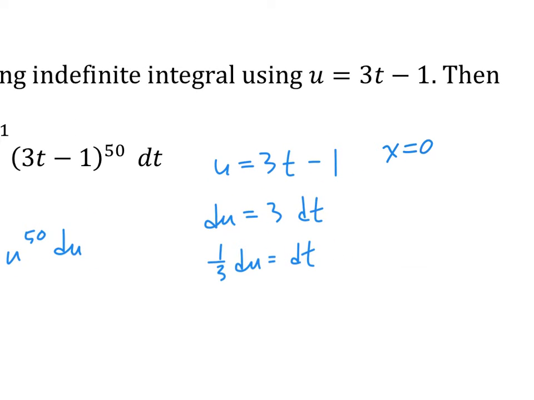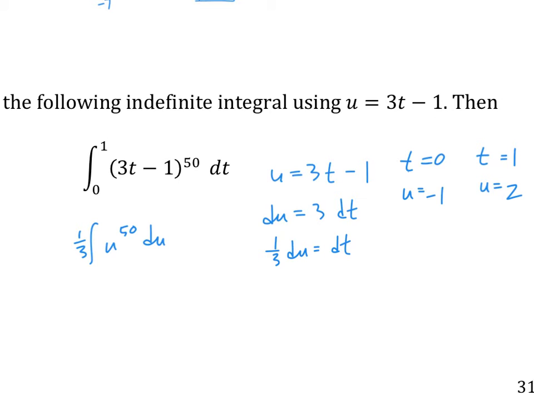Your limits were 0 to 1. You're going to change it to u. u is 3t, I'm sorry, not x, t. Okay, u is 3t minus 1. So this is minus 1, and this is 2. So our limits are going to change.